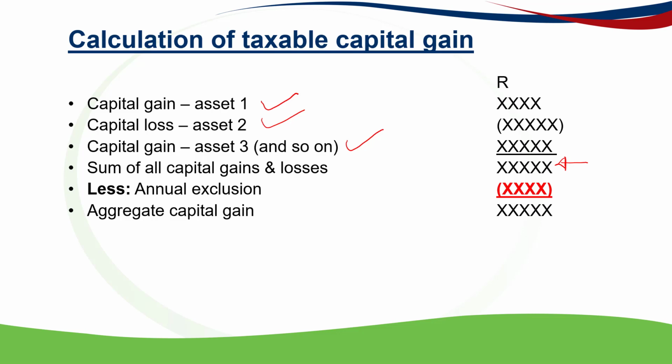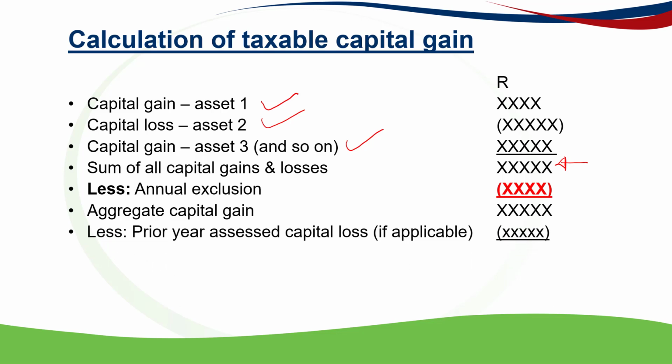So if we provide you with the aggregate capital gain in an assessment and require you to determine the taxable capital gain, you should know that the aggregate capital gain would have already taken into account the annual exclusion.